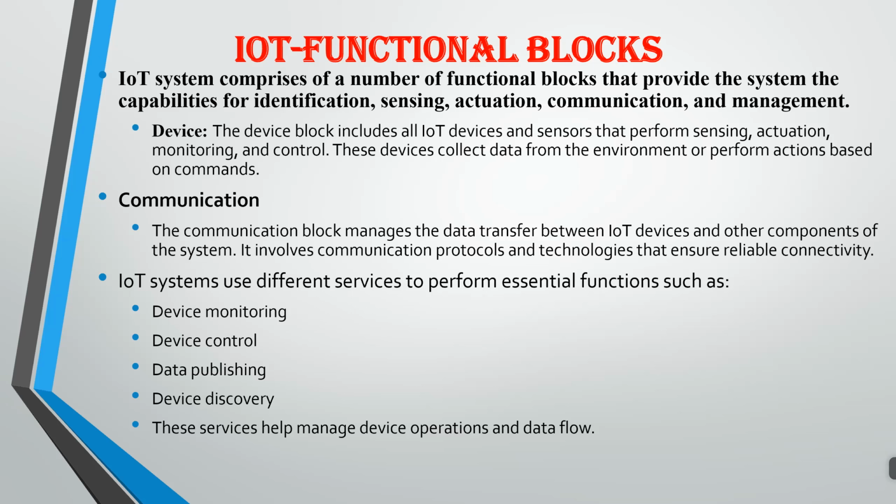So these devices collect the data from the environment. The purpose of the device is to collect the data from the environment or perform some actions in the environment. Ultimately, the action should be performed at the end.